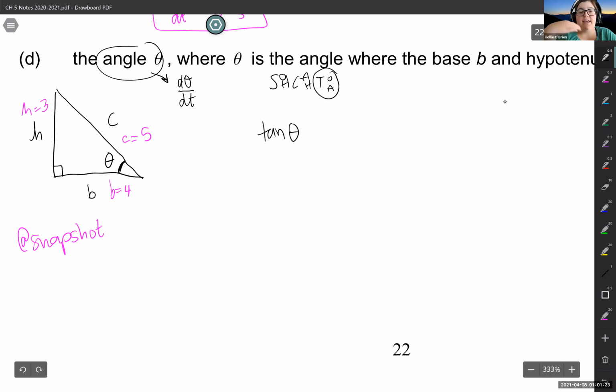Because eventually, when I take the derivative with respect to time on both sides, the change in height and the change in base with respect to time are nice numbers. Okay, so tangent of theta, tan is opposite over adjacent. It's going to be opposite height over adjacent base. And then when I run into dh/dt and db/dt, the rate of change of the height and the rate of change of the base, I'm gonna have nicer numbers.